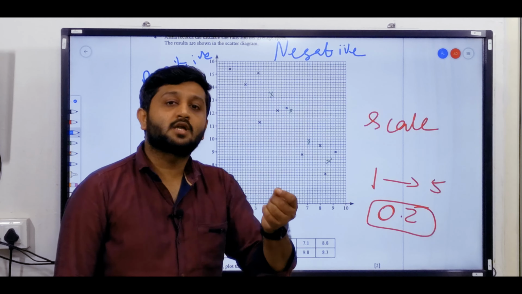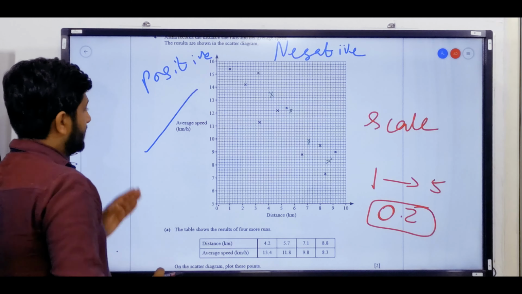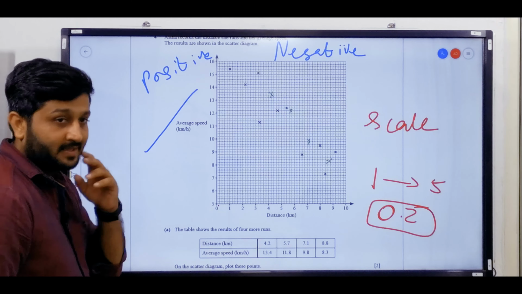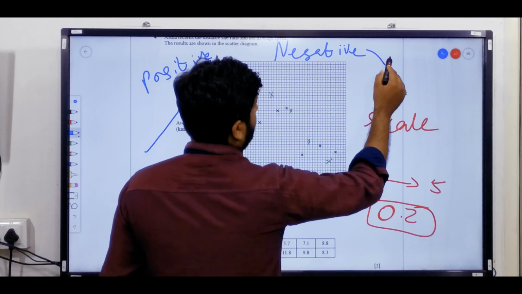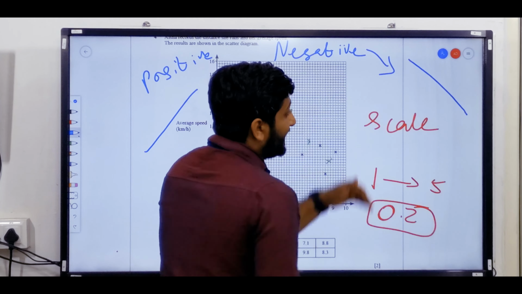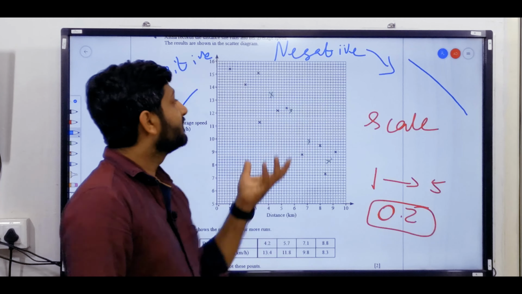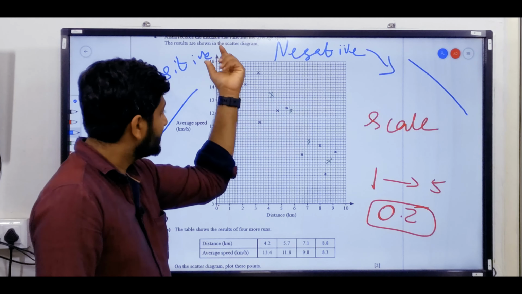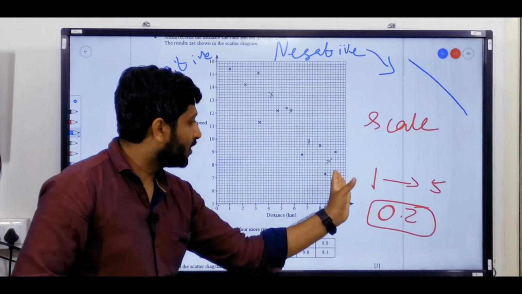By looking at the slope of the graph. If the slope is in an increasing direction, right, the slope is increasing here, so this is a positive correlation. But if the line is declining, or you can say moving downwards, this is a negative correlation. As you can see, if I join this line, the line of best fit is going to pass among these points.